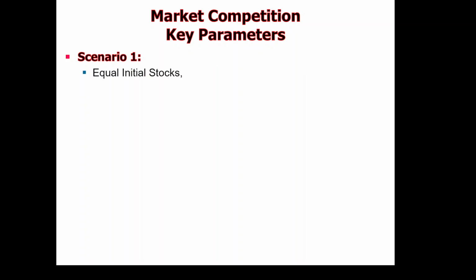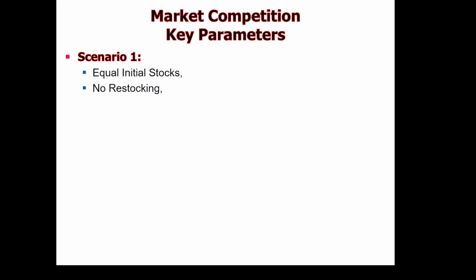Okay, scenario 1. In the first scenario, we are going to discuss a competition between two products A and B, where the suppliers have equal stocks of these products, and there will be no restocking.